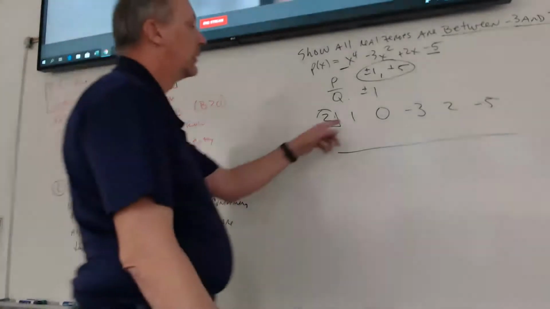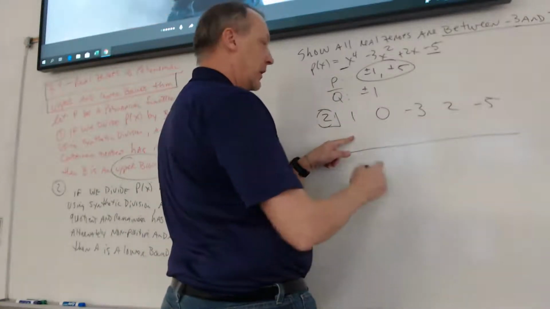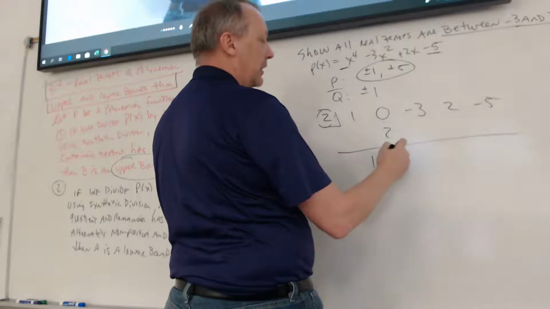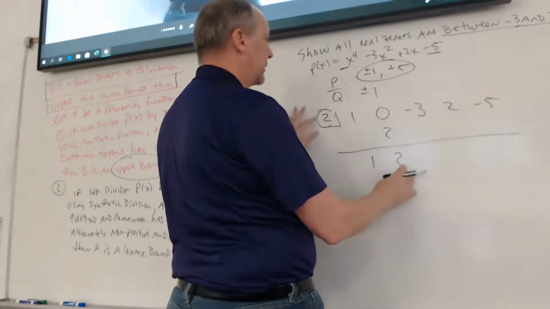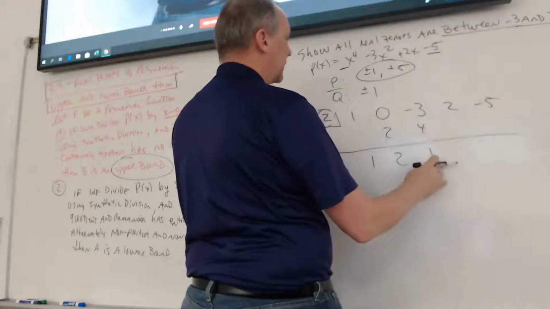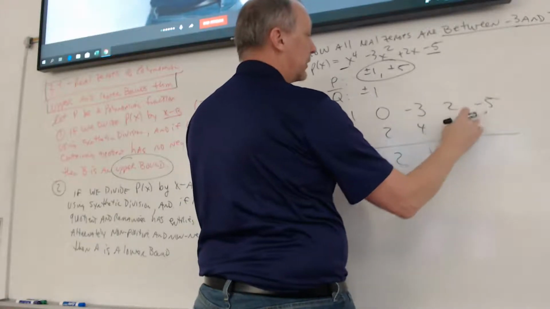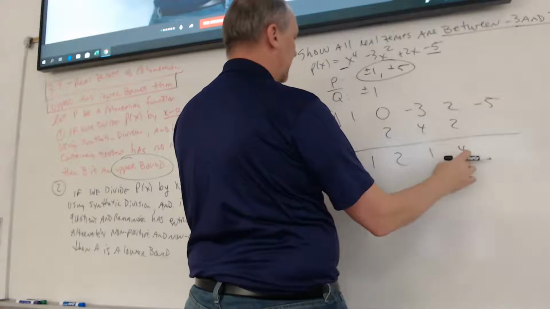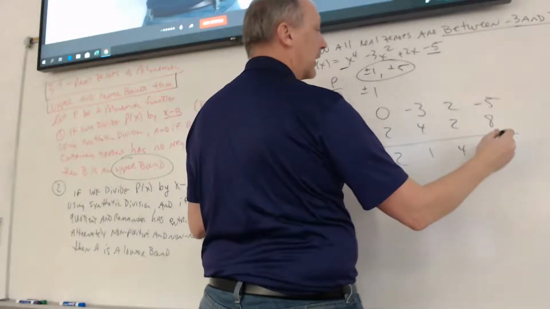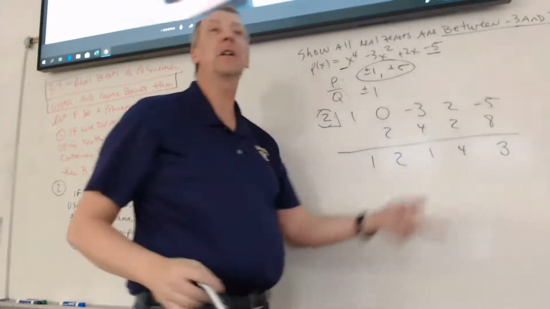Okay? 1 and 0 is 1 times 2. 0 and 2. 2 times 2, 4 minus 3, 1 times 2. 2 times 2, 4. 4 times 2, 8 minus 5, 3. So I've got a remainder of 3.